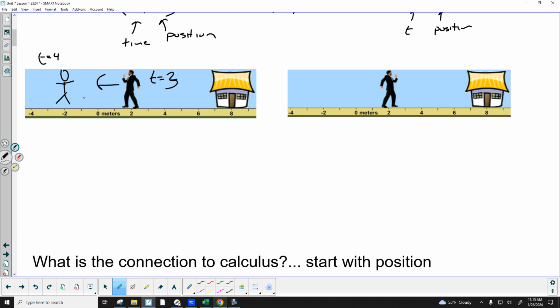What happens? His position decreases. Cool? He moved left.